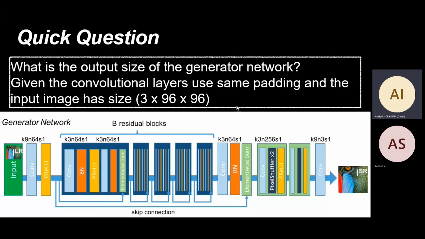If your input image has size 96 by 96, after all these convolutional layers you would still have a 96 by 96 image. The only places where your size would increase is in the pixel shuffling layers, where it increases by a factor of 2. And you have two such pixel shuffling layers. So basically your size would be 4 times 96 by 4 times 96, that's 384 by 384.